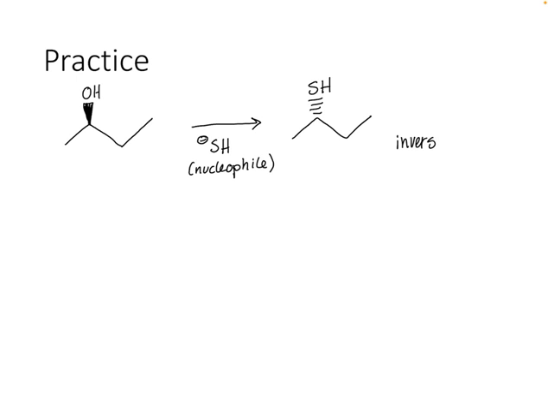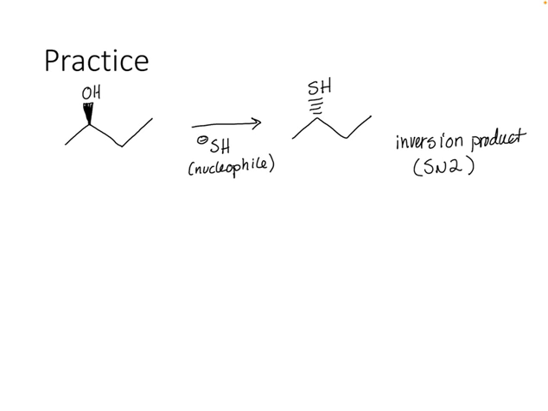So we have an inversion product. So do we have an SN1 or an SN2 reaction? SN2, right? Because remember, SN1 would produce both the inversion and the retention product.